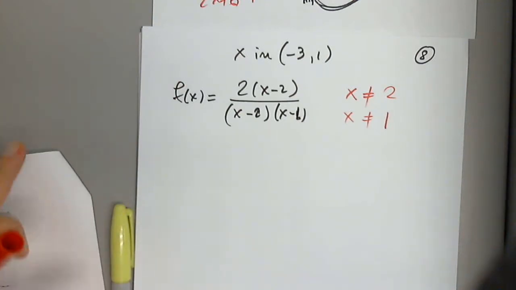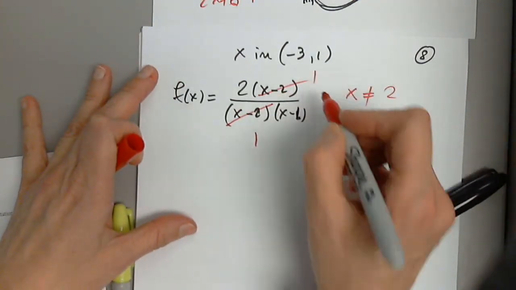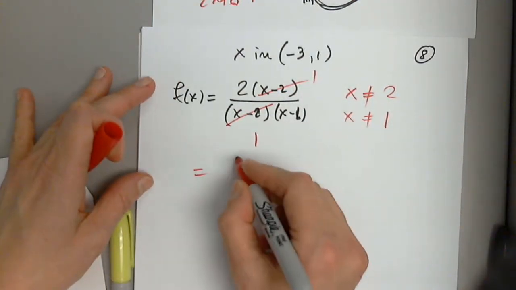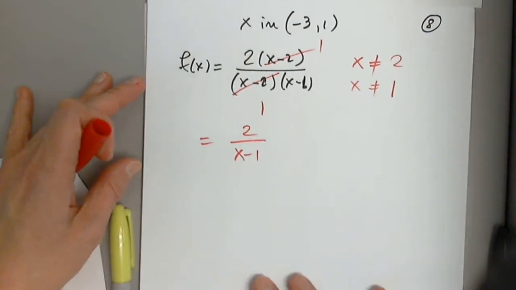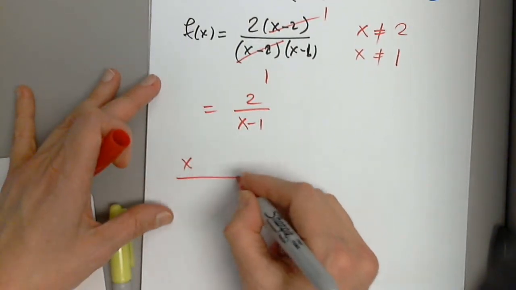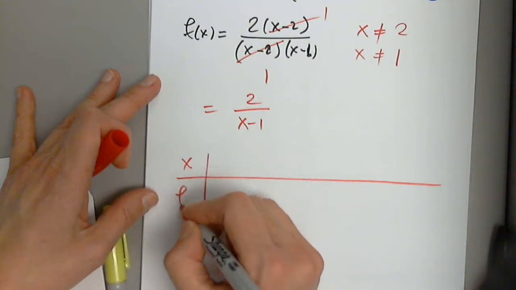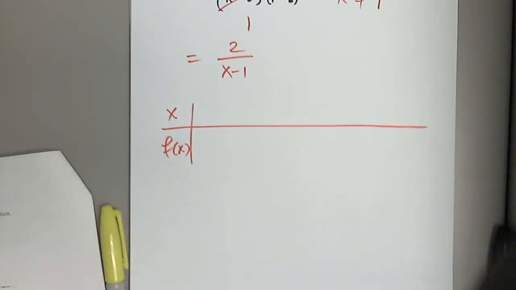Perfect. Only now I'm allowed to do this. So this is 2 over x minus 1. So then can anyone identify the domain now for this function? The domain is?